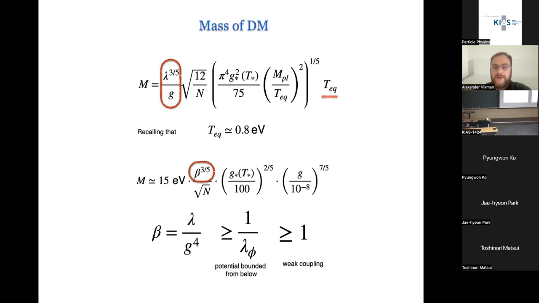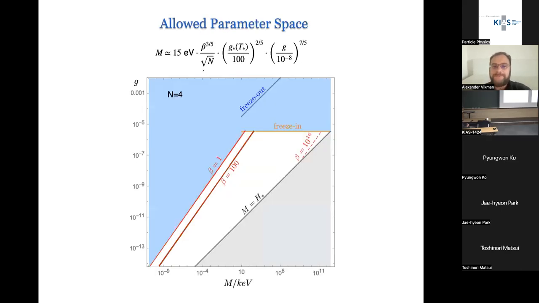So now let's see what we can generate. We fix the mass in terms of these two coupling constants, let's say beta and g, these two dimensionless parameters. And now we can plot where we can actually generate this dark matter in this scenario. And this turns out to be very, very interesting. It's a huge parametric space.